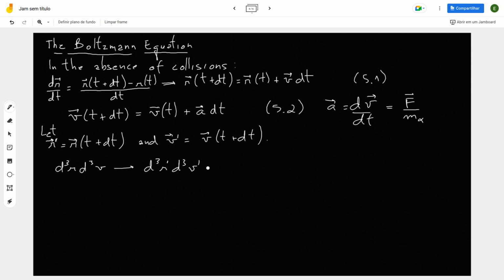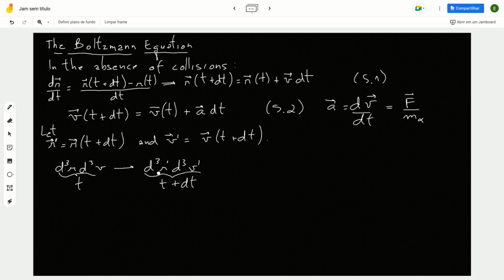In the absence of collisions, again, this represents time t, and this represents time t plus dt, right? The shape of the element may change. You may have a cube here, and it's deformed into something else after some time, because you're integrating all particles in this cube, and so you don't know what will be the shape of this after dt time units.